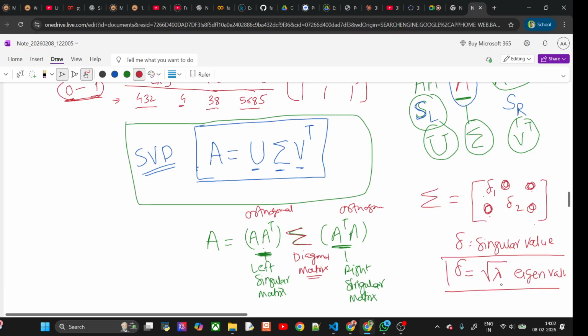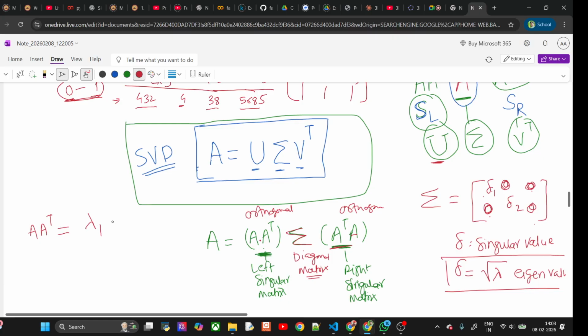So you will ask, I have two matrices, A A transpose and A transpose A, so are the eigenvalues different for them? No. Here, for A into A transpose you will get some lambda 1.